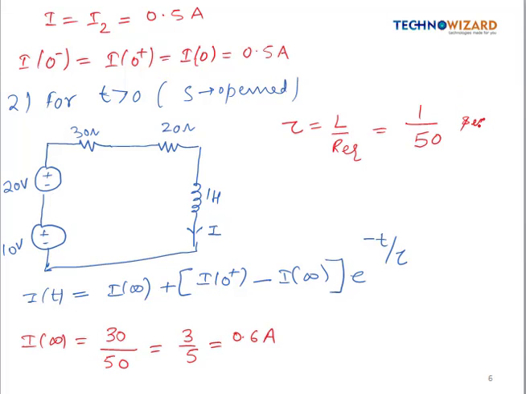So now we will simply put these values in this equation. I of t is equal to I of infinite plus I0 positive minus I of infinite, e to the power minus t by tau.